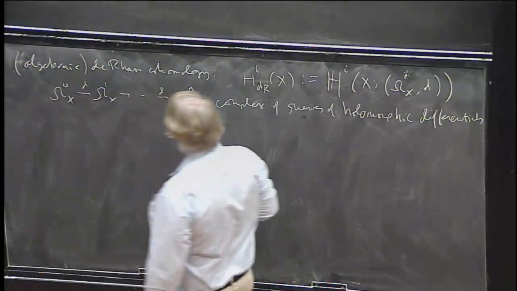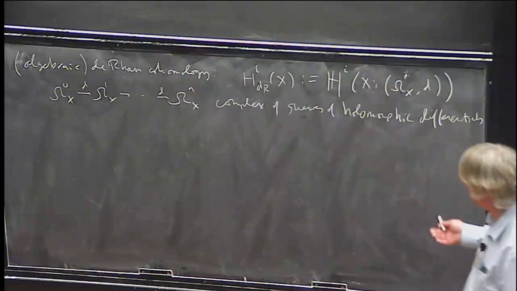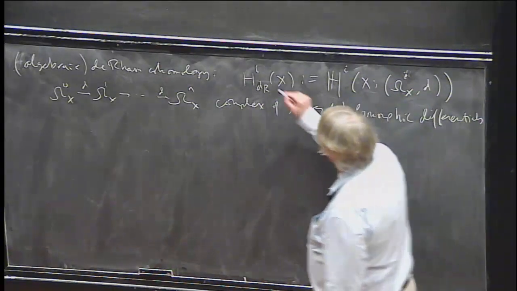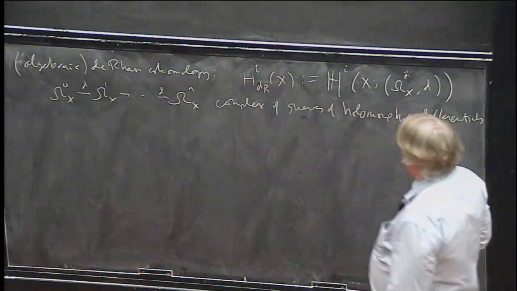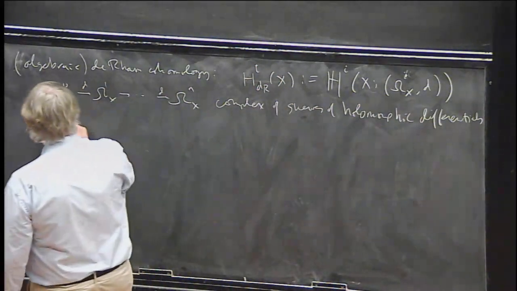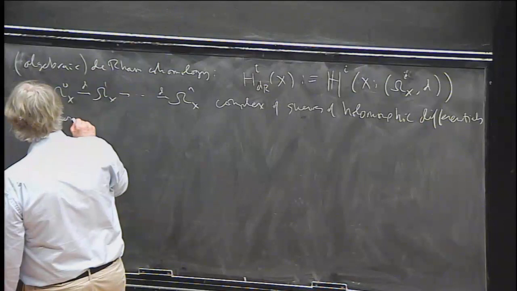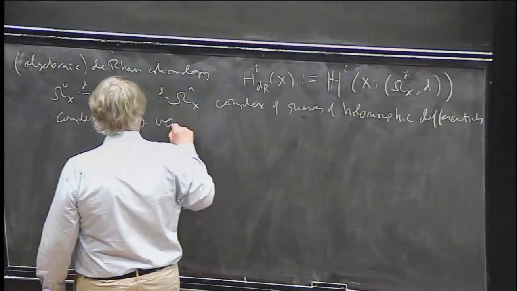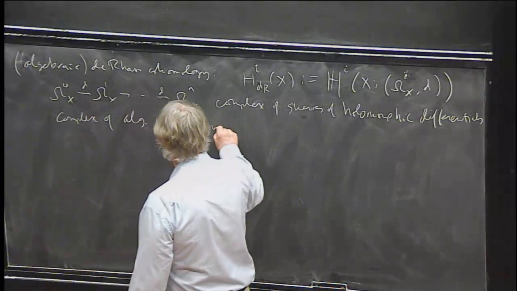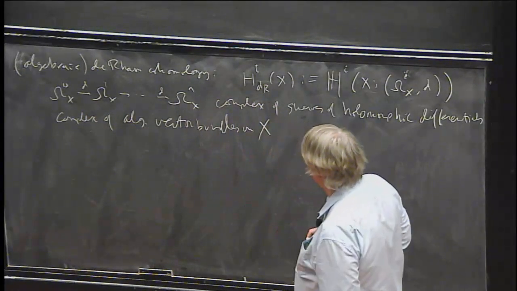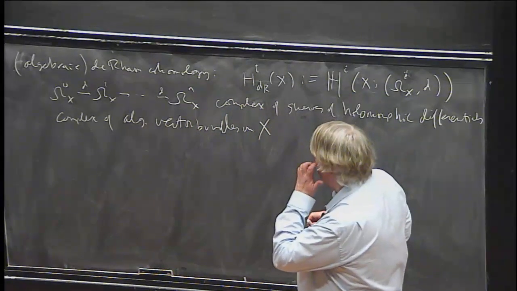You can do this in the world of the complex manifold, and you can take the hypercohomology in the world of the complex manifold. It turns out that this is a complex of algebraic vector bundles on our variety.